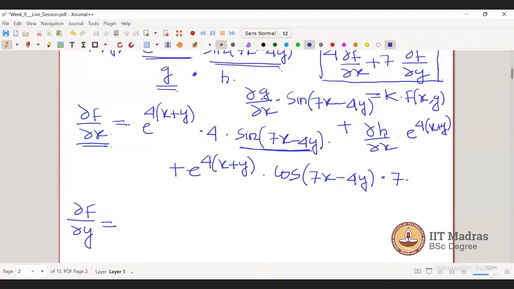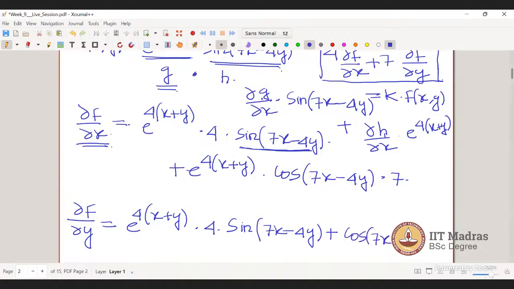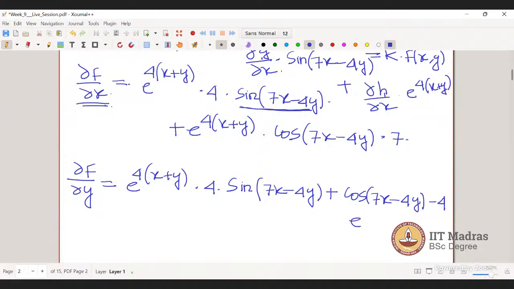If we do the same thing, treating x as a constant, then we'll get this one times 4 times sin(7x minus 4y), plus cos(7x minus 4y) into minus 4, times e to the power of 4x plus y.